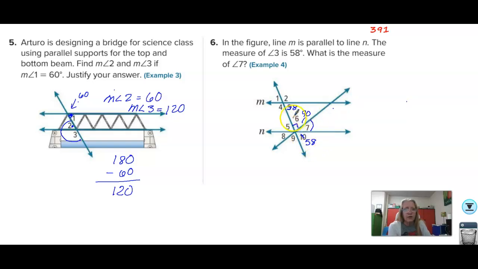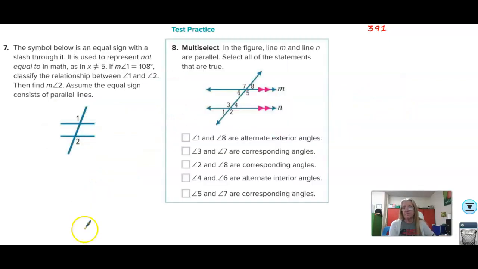Wouldn't this whole thing make a straight line, 180? So how much is 90 plus 58? 90 plus 58 is 148. If we subtract that from 180, we get the little piece that's left here. Remember borrowing? You used to do it in grade school. 32. So angle 7 is equal to 32 degrees. So far, so good. Haven't screwed up yet.